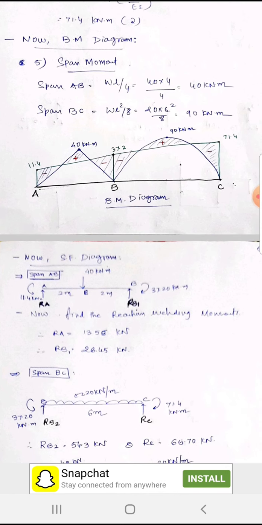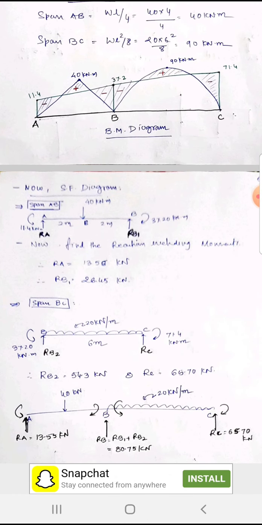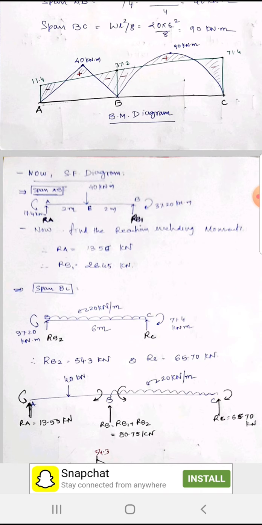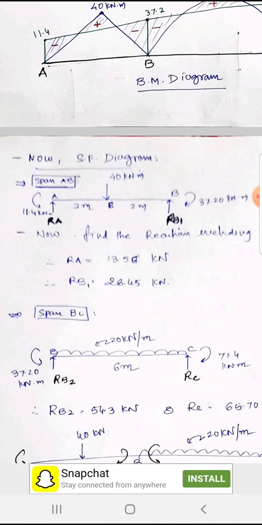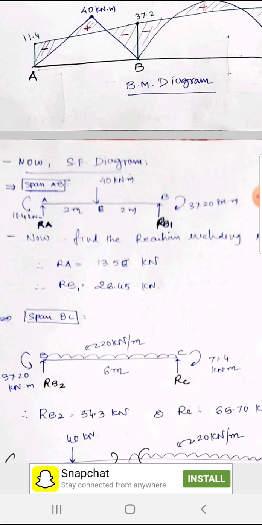Now the shear force diagram. How can we get the shear force diagram? For that we must find the reactions of each individual span, and after that we can get the shear force diagram. So for span AB, 40 kilonewton meter at mid span, and we have the support moments, at A 11.4 and at B 37.2, that we have found.